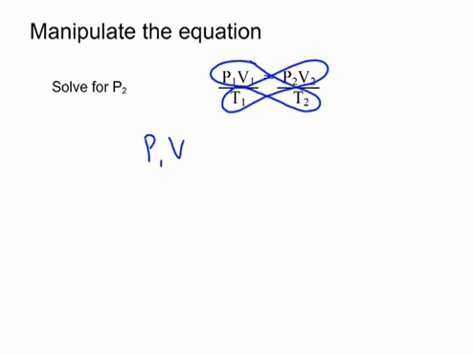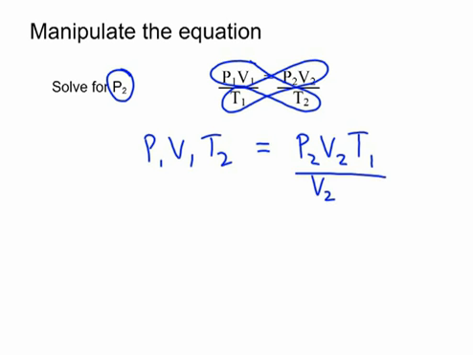So what you have here is P1 times V1 times T2 is equal to P2 times V2 times T1. But we're trying to solve for P2. We've got to get P2 all by itself, so we would divide both sides by V2 and T1. So P2 would therefore be equal to P1 times V1 times T2 divided by V2 times T1.